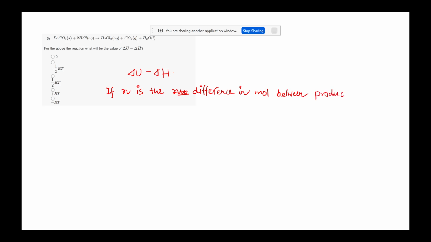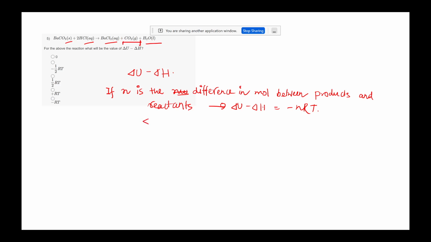products and reactants. Now here it should be gaseous. So this is solid, this is aqueous, this is also aqueous. Aqueous means in water solution. And this is also liquid. So only 1 mole of CO2.